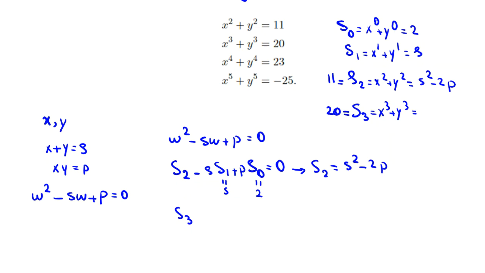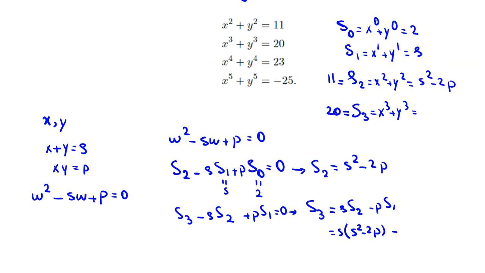Now we want to focus on finding S3. Again, using Newton's sum, S3 minus s S2 plus p S1 equals 0. If we take to the right side, S3 will be s S2 minus p S1. We take it to the right hand side, negative will be positive. We've calculated S2, so it will be s times s squared minus 2p, minus p S1. S1 is s.